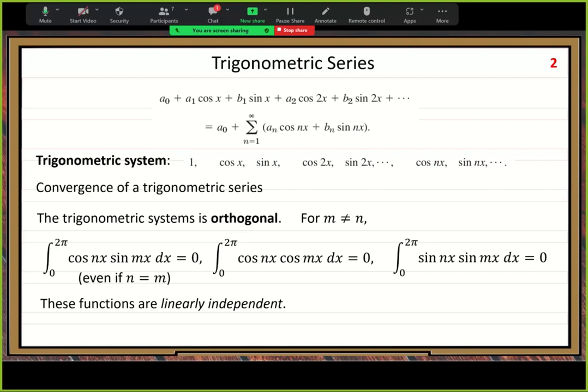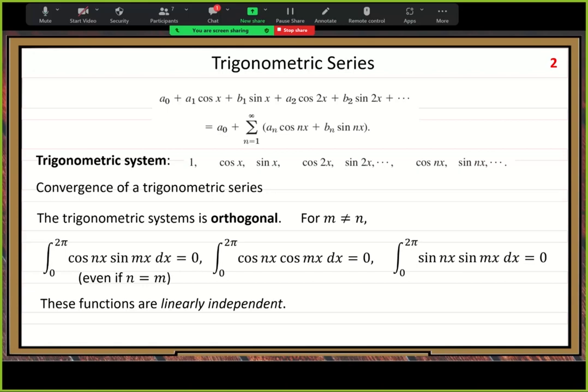If you know they are orthogonal to each other, then they must be linearly independent. That's simple, you can prove it easily. Use the definition of linear independence: C1 times the first function and so on, adding all those. Then you use orthogonality to show all the C's are zeros.